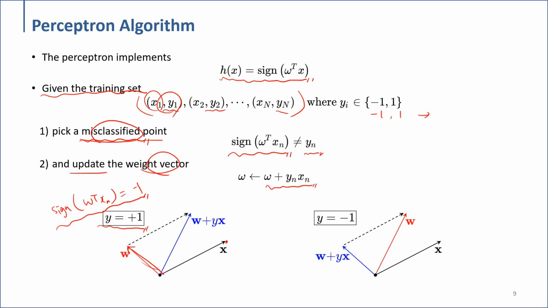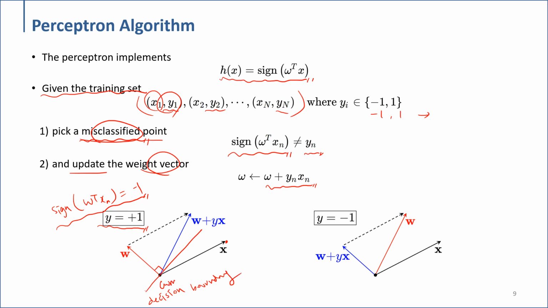In this state, let's say our x is here and the omega is like this. As we discussed earlier, the omega indicates the direction of the decision boundary. So by plotting the perpendicular line, we know that this is our current decision boundary.